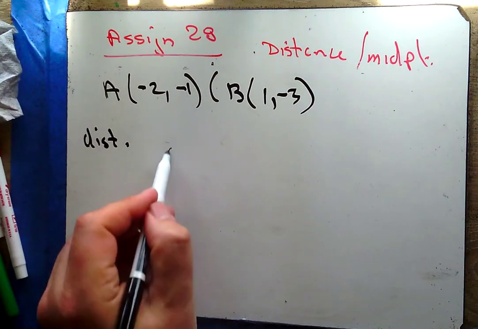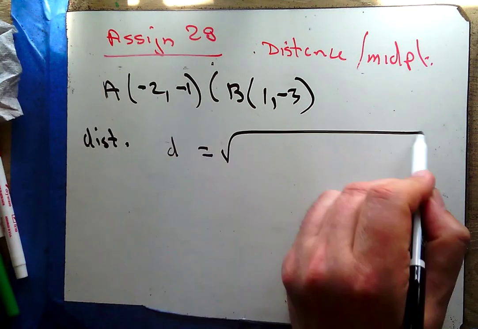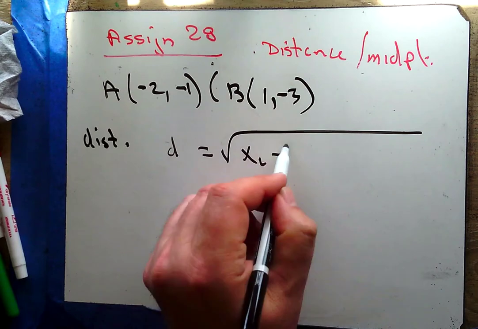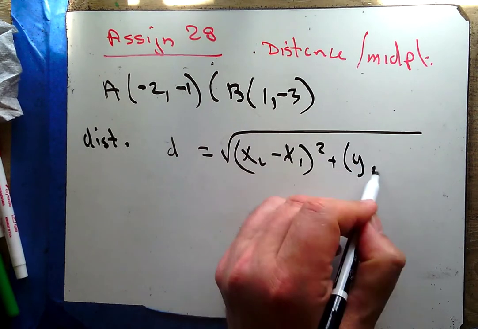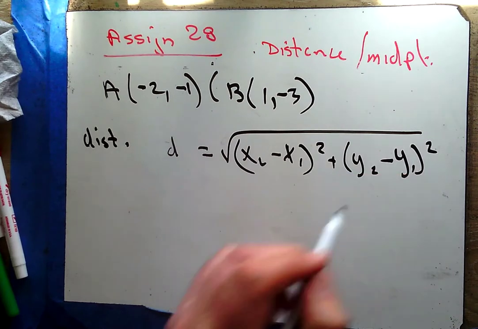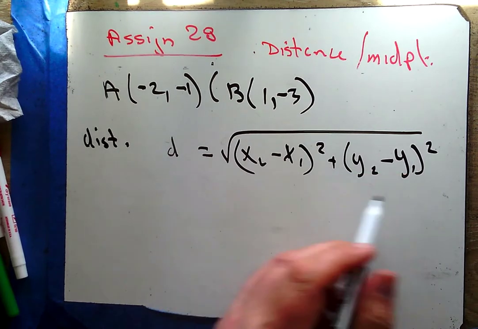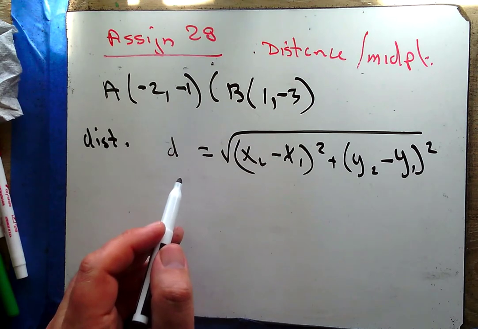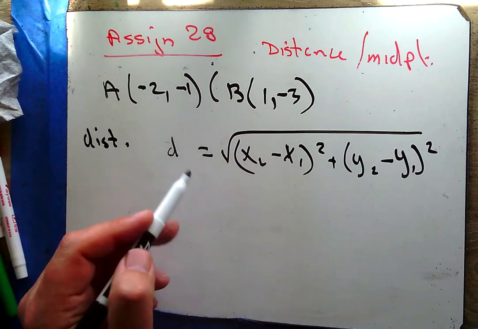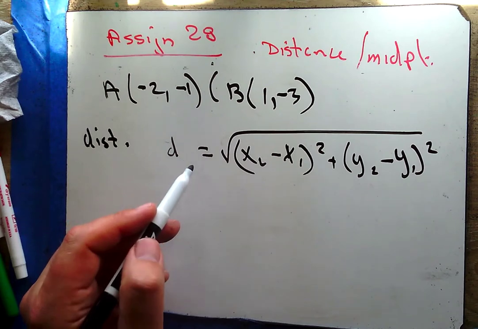Okay, so we know that d equals the square root of x sub 2 minus x sub 1 squared plus y sub 2 minus y sub 1 squared. Some people have asked me why I generally start these sorts of problems by writing out the general formula and not just plugging the numbers in. There's actually a reason for that.